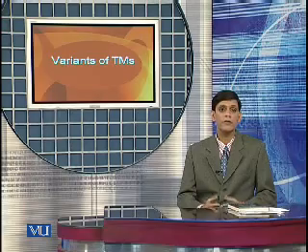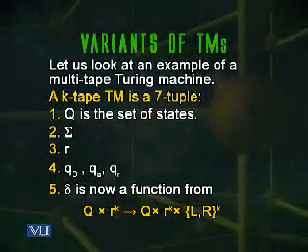Therefore, the transition function will look as follows. The transition function is going to map the set Q cross Gamma to the K to the set Q cross Gamma to the K cross {L, R} to the K. Let us look at what this transition function is doing. It looks at the current state, then it looks at the K symbols that are currently being scanned by each head.